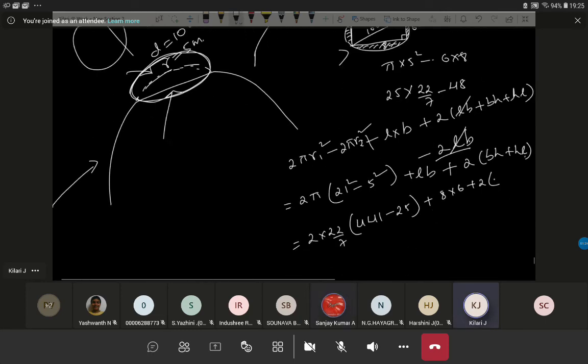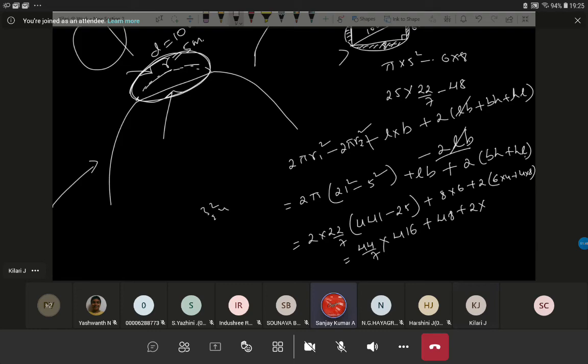Measurements 6 into 4 plus 4 into 8. Then we get 44 upon 7 into 441 minus 25, which is 416, plus 48, plus 2 times 24 plus 32, so 56.